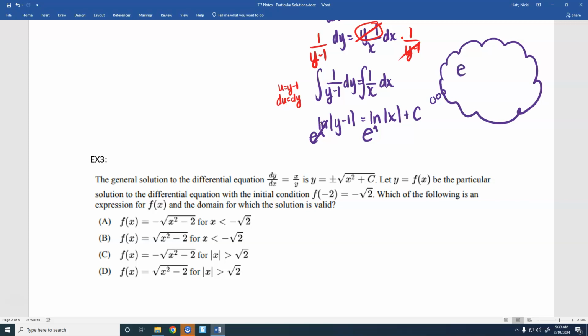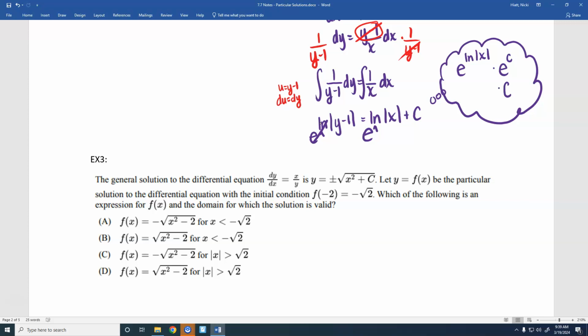This is e to the natural log of the absolute value of x times e to the c. But what can we call e to the c? We can still call it c, right?